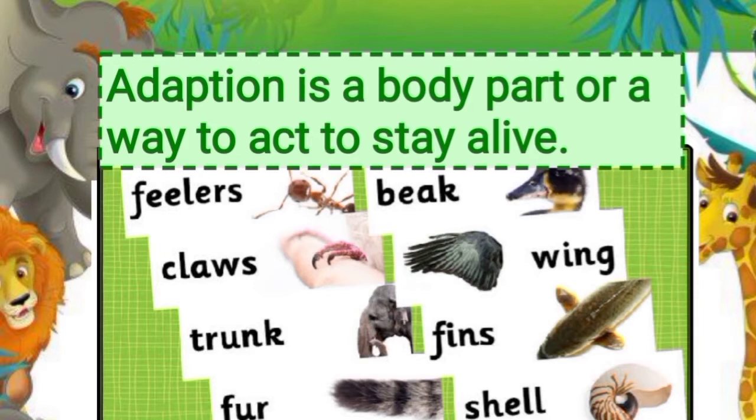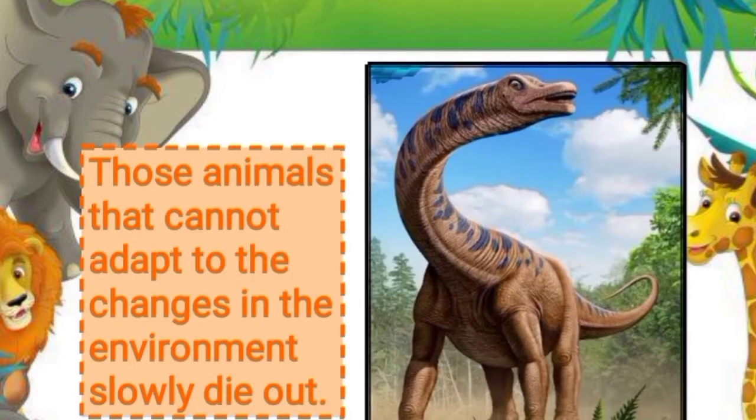So this diversity in appearance and behavior is caused by animal adaptation. Like plants, animals have also developed certain features which help them to survive in the environment, and those animals that cannot adapt to the changes in their environment slowly die out. For example, the dinosaur.